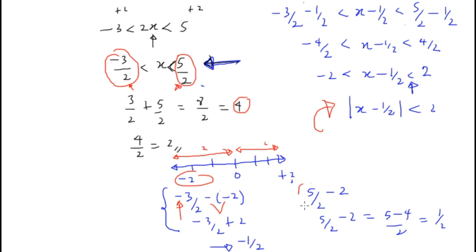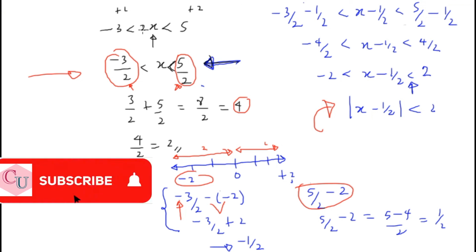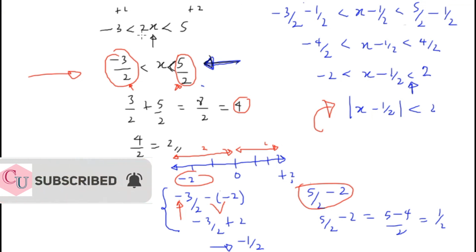So we'll consider their signs so that we'll be able to get an exact point. After getting the exact point, we are done. We just need to subtract it throughout the inequality. So that will give us the exact absolute value. So that's how to generally deal with absolute value inequality.